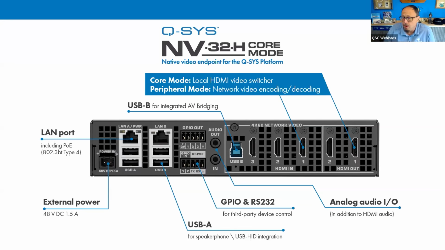On the USB-A ports on any of our cores, you have the ability to do some speakerphone integration or USB HID integration. So we do have the ability to do some human interface devices, mouse, keyboard, things like that. We can transfer between things that are connected with the USB-B bridging port and another device, and then the USB-A ports on here.